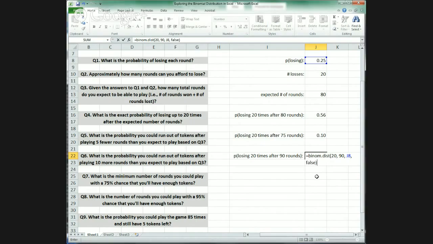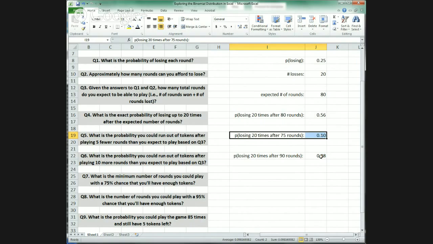So this is going to be false. And that probability is 0.08. So there's a lower probability that we would lose 20 times after 90 rounds than we would lose 20 times after 75 rounds. So we're even less likely to lose 20 times after 90 rounds.